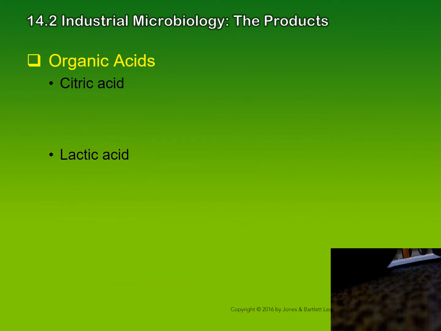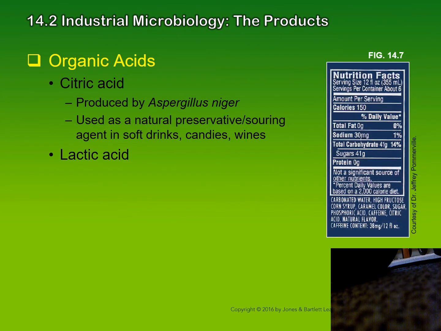Organic acids. So citric acid is an acid that we use a lot of, and that is produced by the mold Aspergillus niger, and it can be used as a preservative or as a souring agent in soft drinks, candies, or wines.